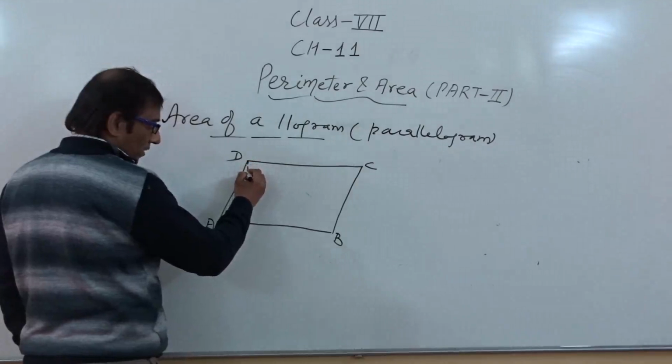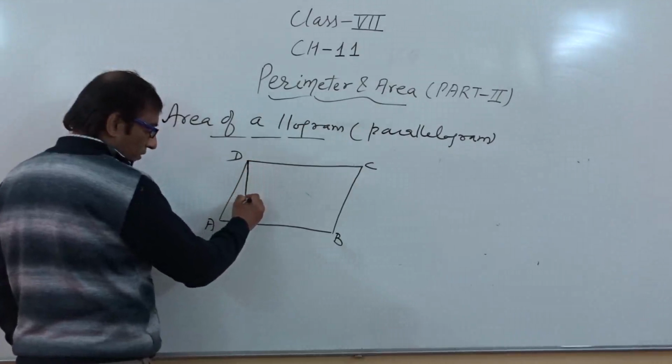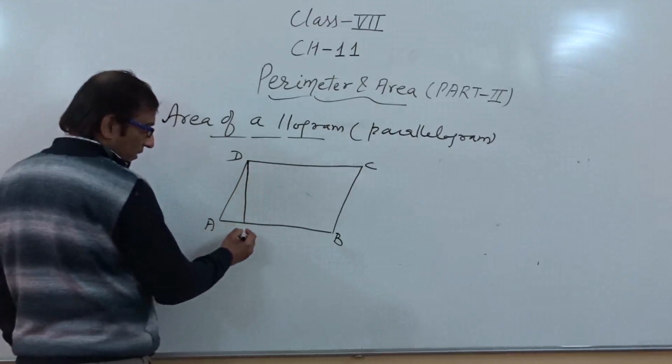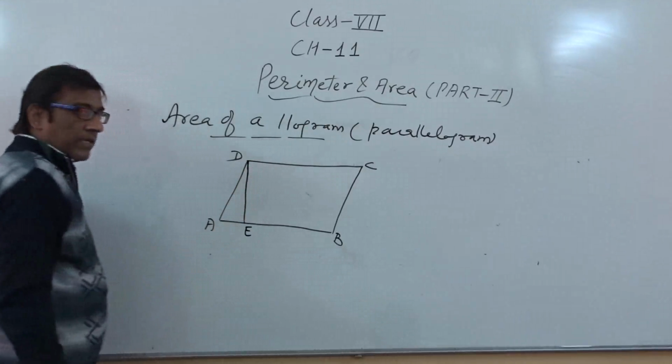We will draw a perpendicular from D to AB. For example, this is point E.